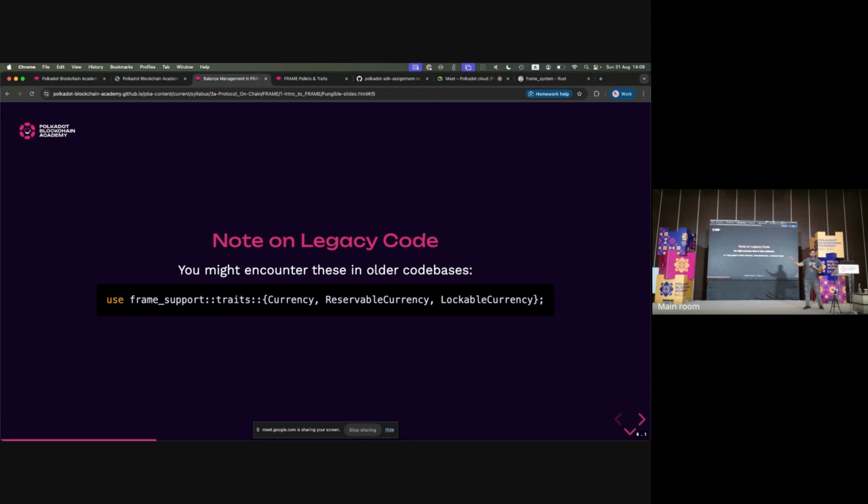Don't use these. If we see this in your assignment, that's a minus one, right? Use the new traits. We will go through the new traits that you can use and some APIs, so you get a feel of how to use them. Don't use Currency, ReservableCurrency, LockableCurrency or related traits.